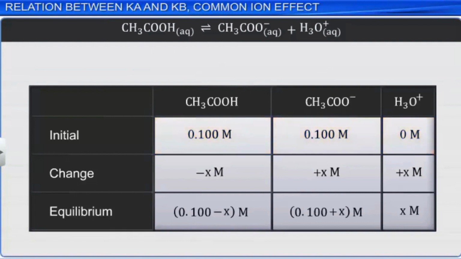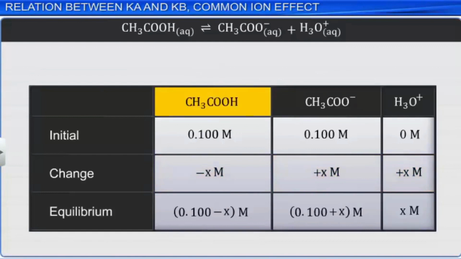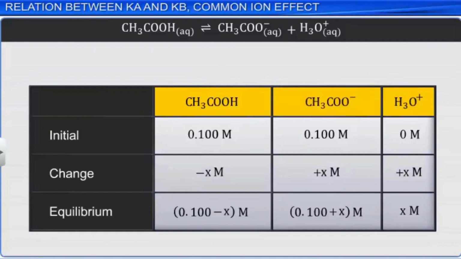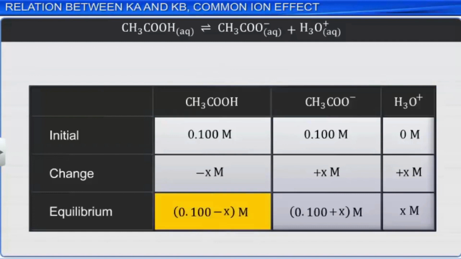The change in concentration after the dissociation of acetic acid is equal to minus X M for acetic acid, plus X M for H3O plus ion, and plus X M for acetate ion. The equilibrium concentrations of CH3COOH, H3O plus ion, and CH3COO minus ions are 0.1 minus X, X, and 0.1 plus X moles respectively.